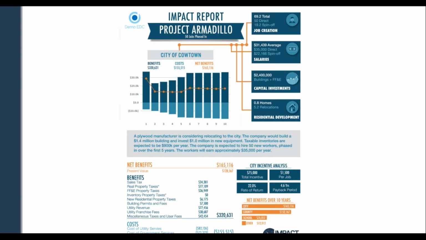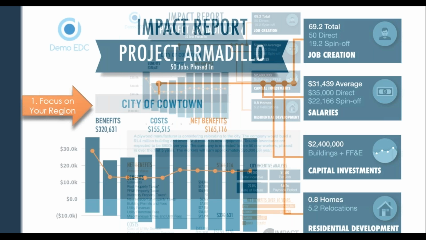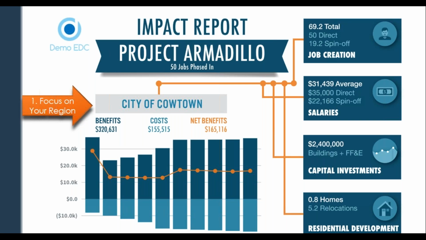So for example, if we recap all 7 of these things, going all the way back, number 1, we need to focus on your region. So if you're the EDC organization for Cowtown, you want to focus on your region. And so this needs to be an impact analysis relating to your city. It can't be a state level impact report. So this is already hitting that one.